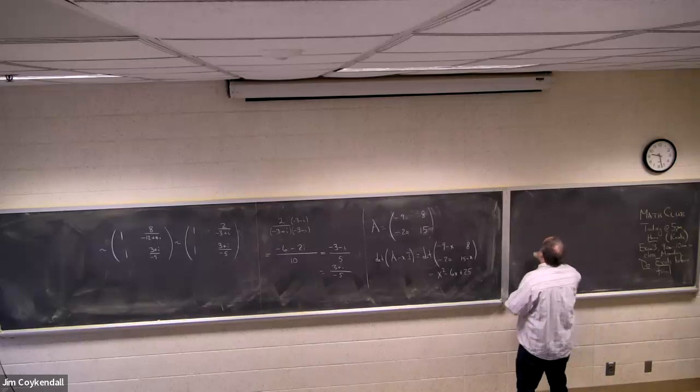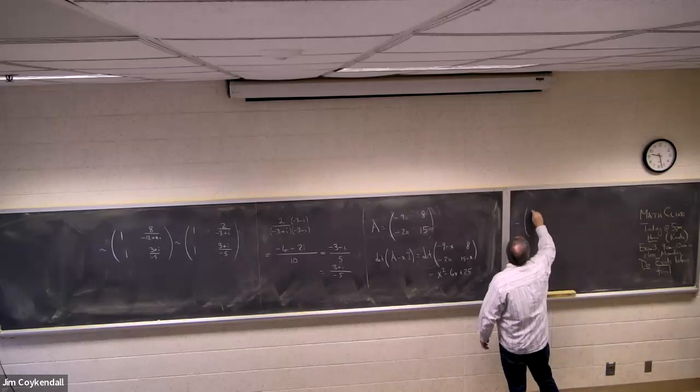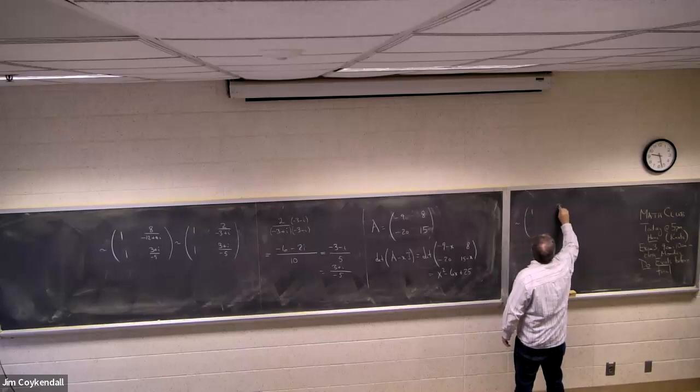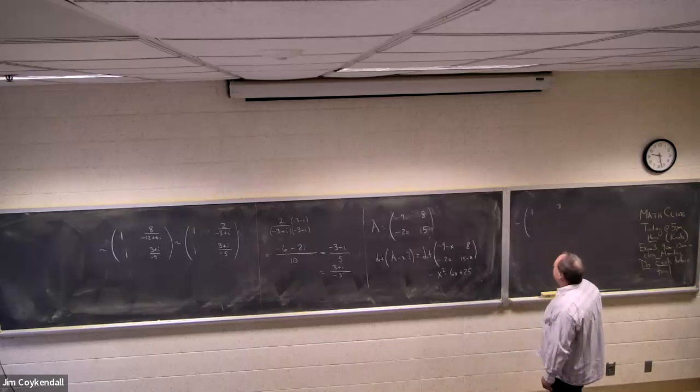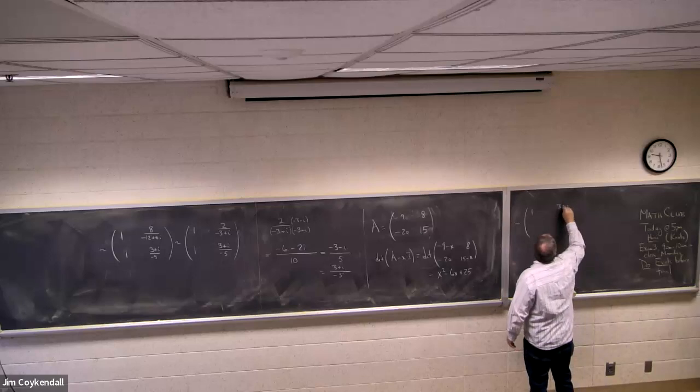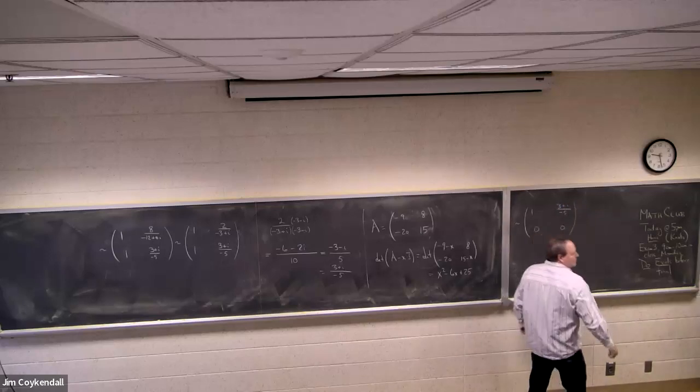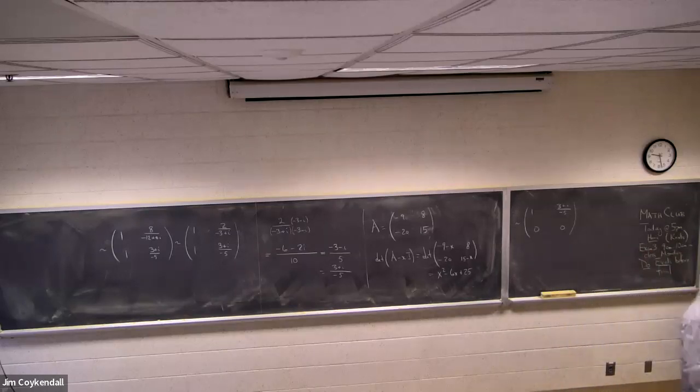So what I get is this. And there we go. It looks like row reduced echelon form. I've got one free variable, one basic variable. So basically my equation is this.